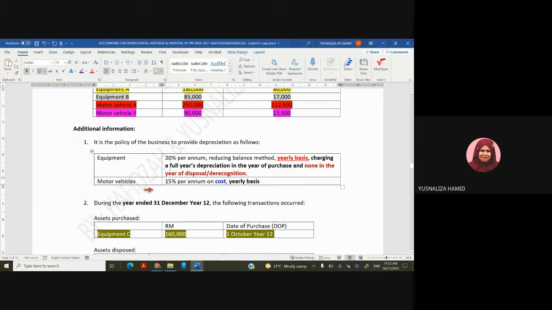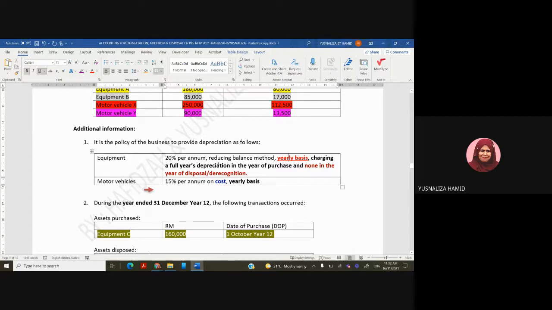Yearly basis means you are going to charge full year depreciation in the year of purchase or in the year of acquisition, right? When you add more assets to the company, in that particular year, the asset being purchased will have to be calculated in terms of depreciation, but it will be charged full year depreciation, none in the year of recognition. For motor vehicle, 15% on cost, yearly basis.